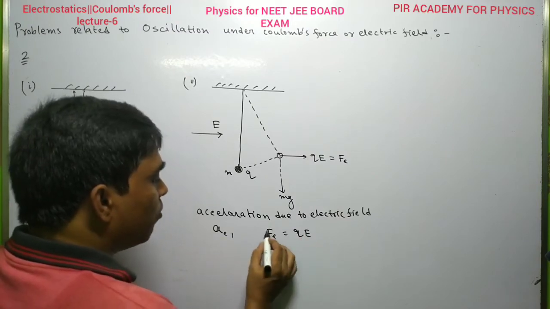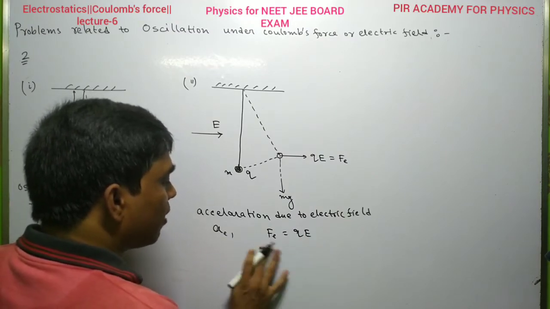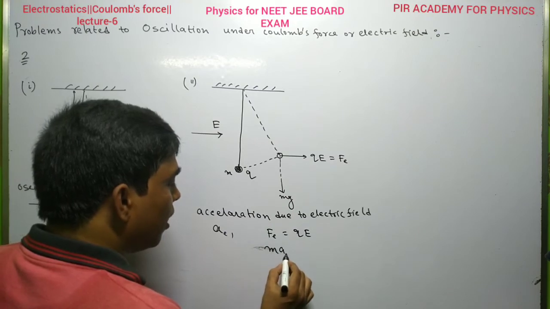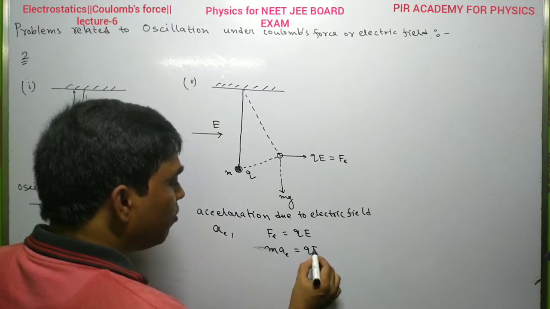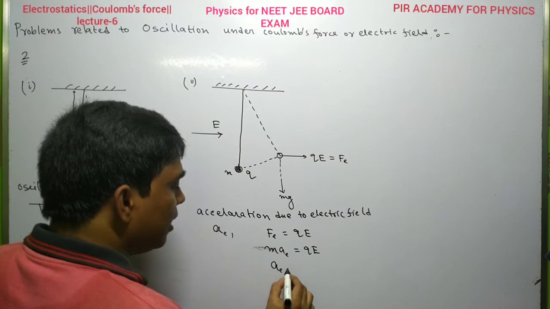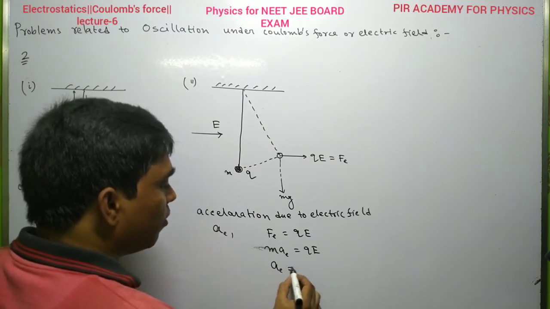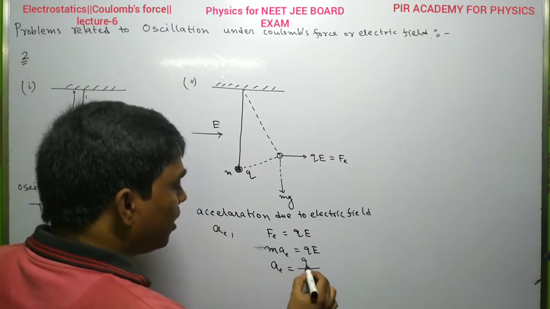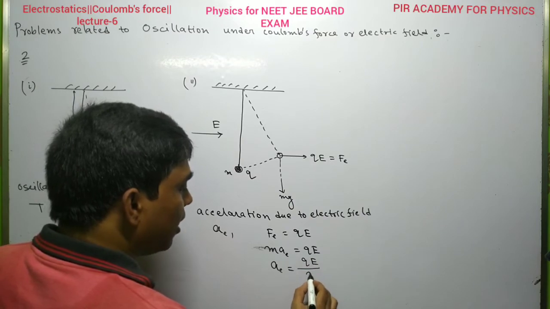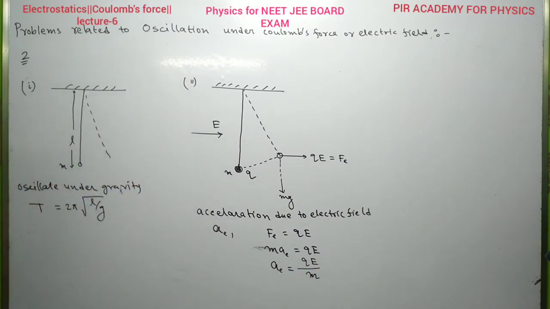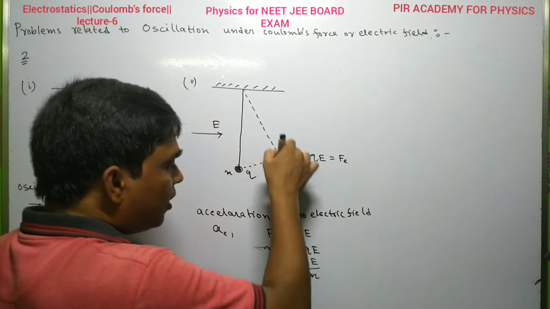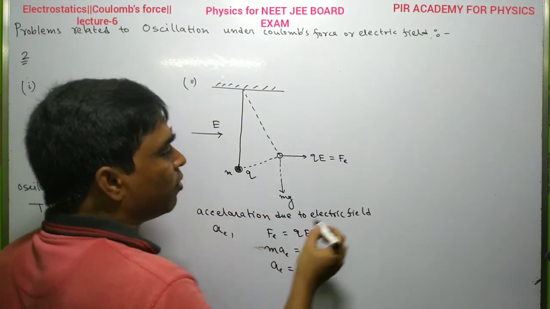This is force equals mass into acceleration equals q into E. So the acceleration due to the electric field will be qE divided by m, and the acceleration along this direction is g.